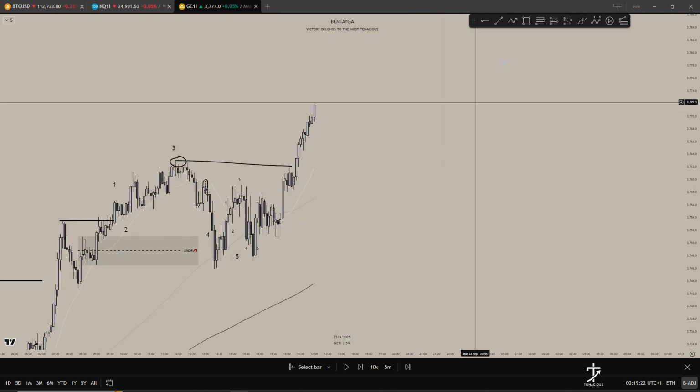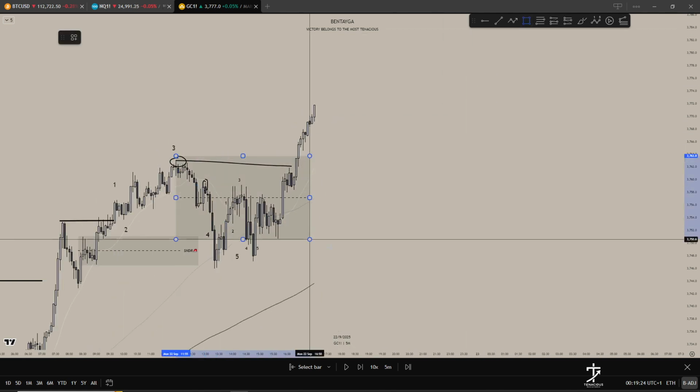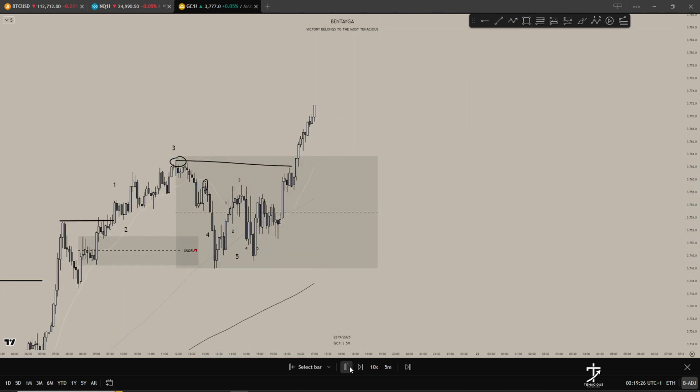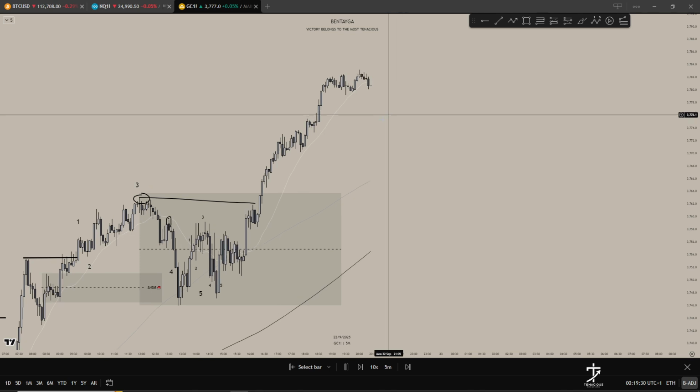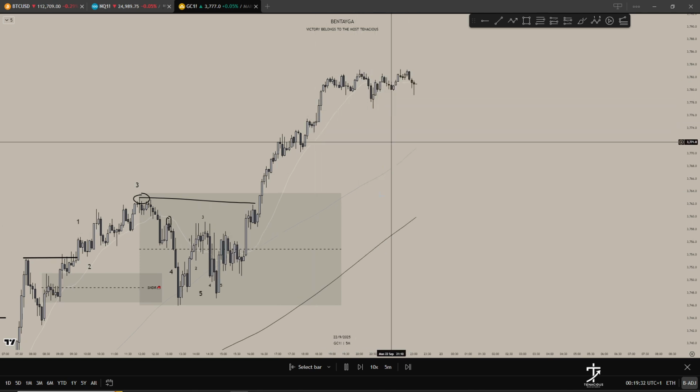But if I just head over to the 5 minute, I can now draw out my new zone, which will be from this area here now. And if I let price play out, obviously going way past my trading time now, but you can now see that price is bullish.